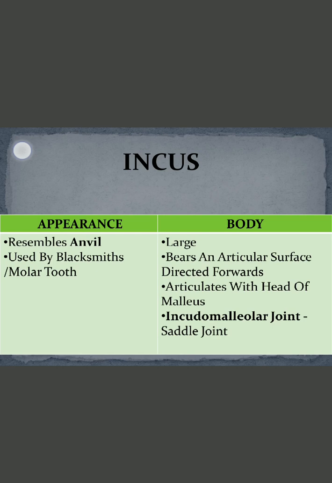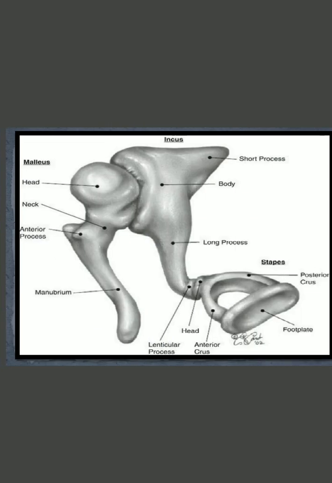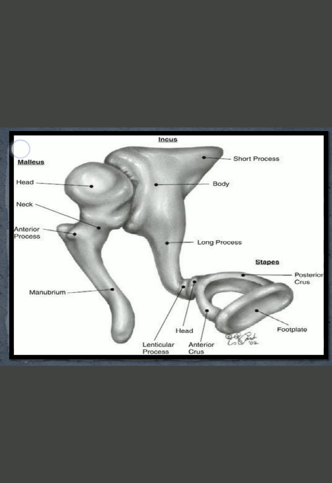It articulates with the head of the malleus to form the incudo-malleolar joint, which is a type of saddle joint. In this figure, you can see this is the incus. This is the large body with an articular surface directed forwards, and it articulates with the rounded head of the malleus to form the incudo-malleolar joint.